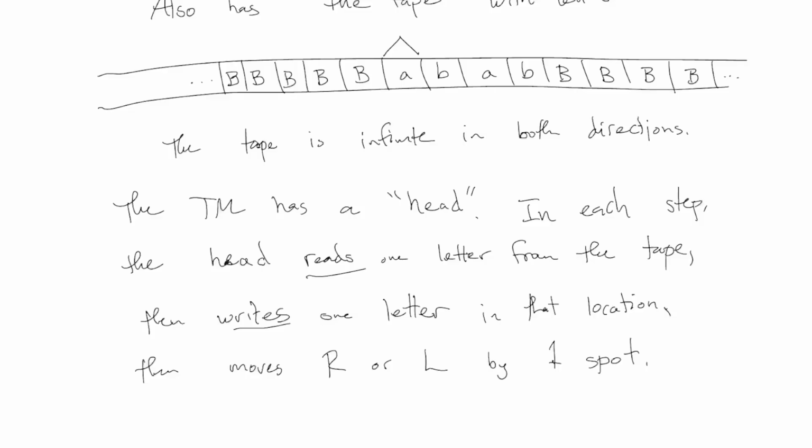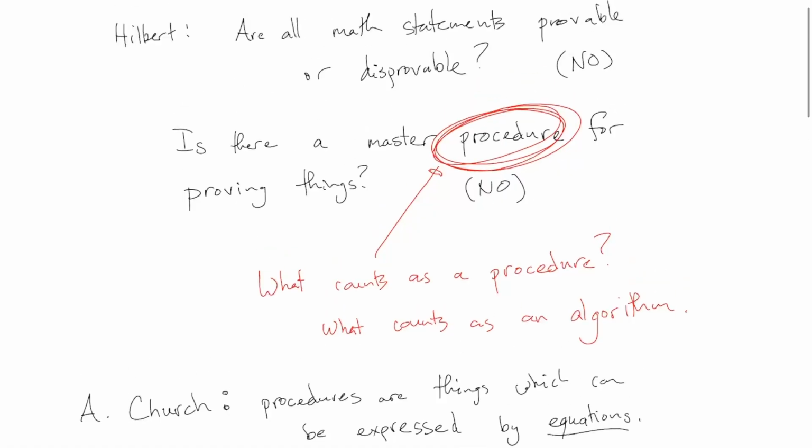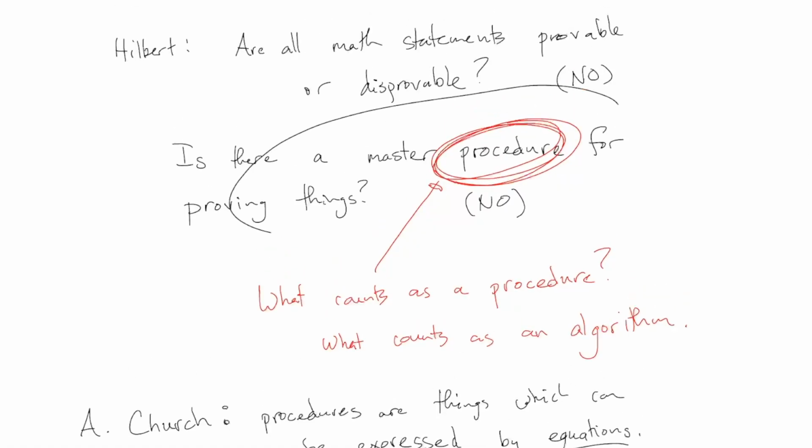But this, in my opinion, is a truly ridiculous idea to come up with as an answer to this question: is there a master procedure for proving things? And then some guy, Turing, is like, okay, hear me out. I got a tape and a head, and it moves back and forth. I immediately think, did you even hear the question I was asking?